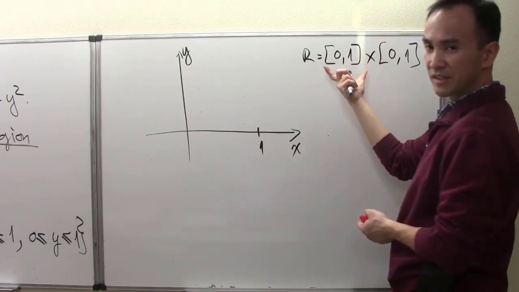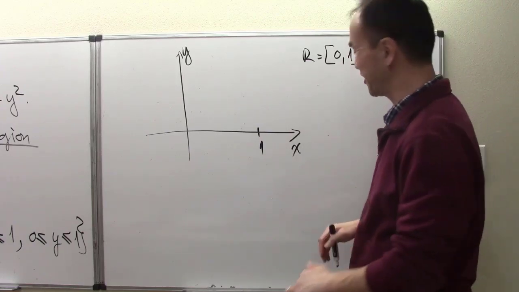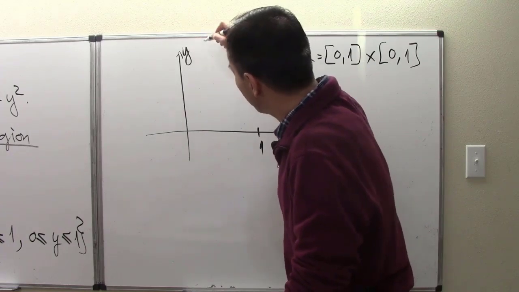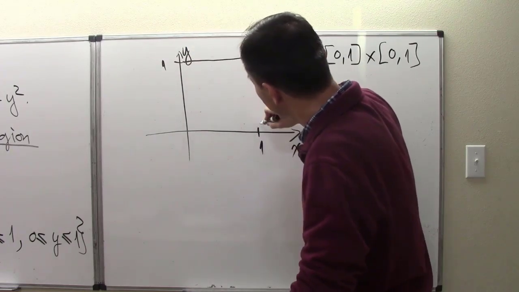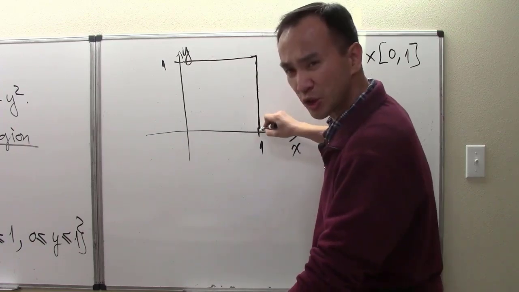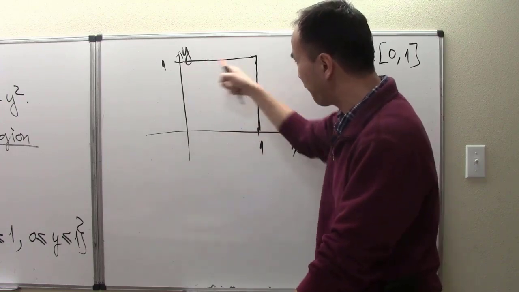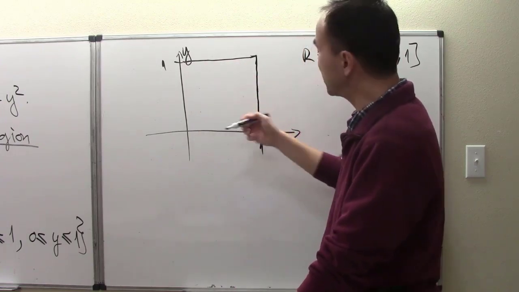So you can think of an interval times an interval, but it's not times in the usual sense. Then there's an interval from 0 to 1. So the whole region is this nice rectangular shape. The picture itself is indeed a square, but it has four corners, so more generally we call it a rectangular region.